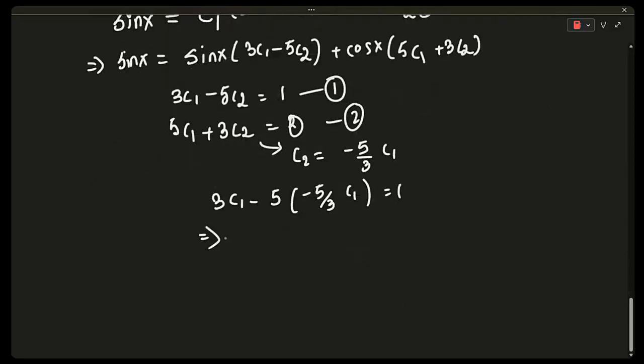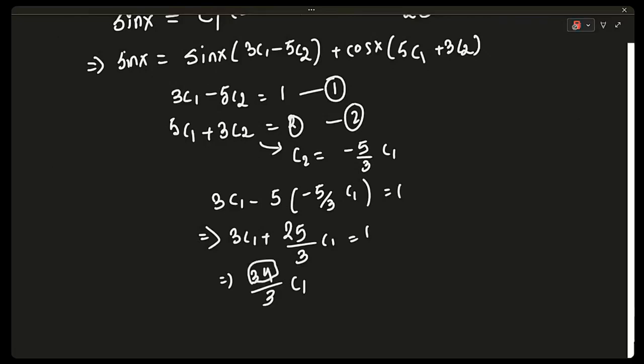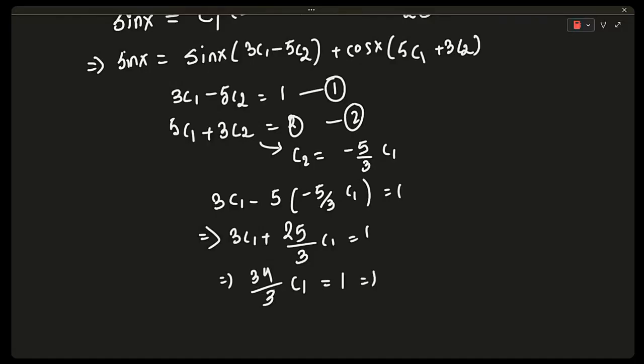This would mean 3c1 plus 25 by 3 c1 is equals to 1. 34 by 3 c1, and surely you should be seeing how this 34 basically comes up, which we randomly did. So there was, after all, a significance of this 34, which is root over 5 square plus 3 square, right? Which suggests that your method is also fine and it could be done, like we said, x plus alpha equals to y karke. Okay, so this means C1 is 3 by 34, correct?